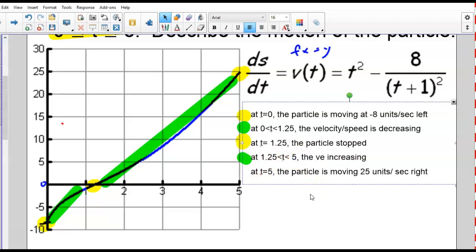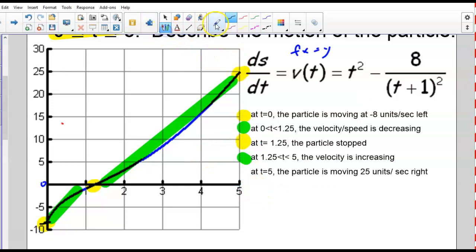The velocity is increasing. Okay. Questions?